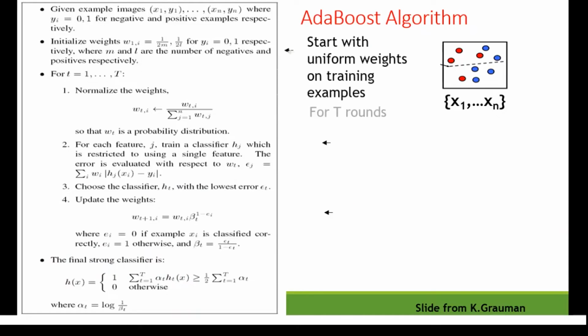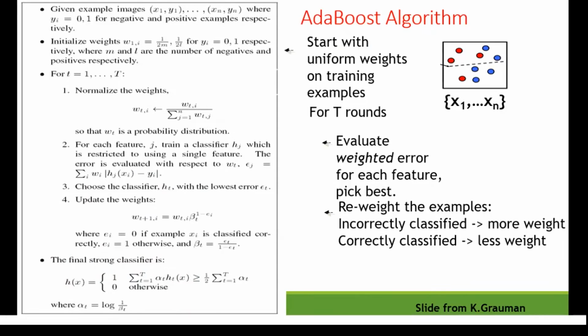So this is the algorithm for AdaBoost. It starts with uniform weights, as we just told. Then after that we normalize the weights. Then the error is evaluated. So h(x_i) minus y_i would be 0 for all the ones where there's no error, but it would have some value where there's error.